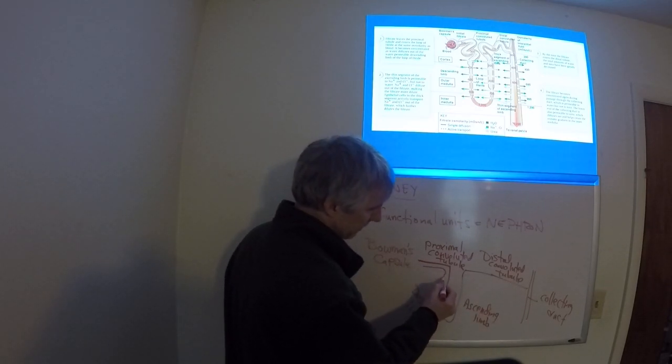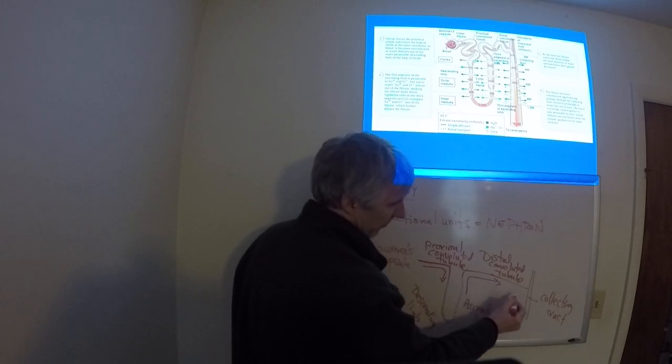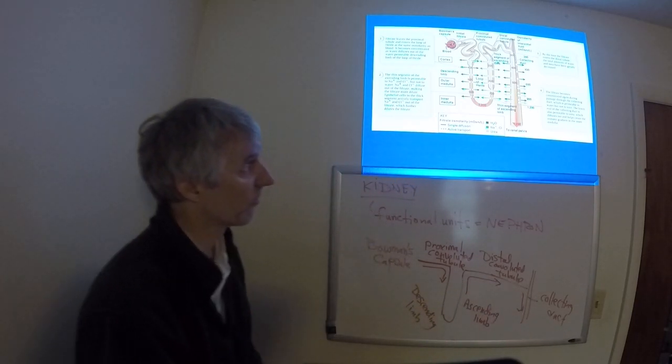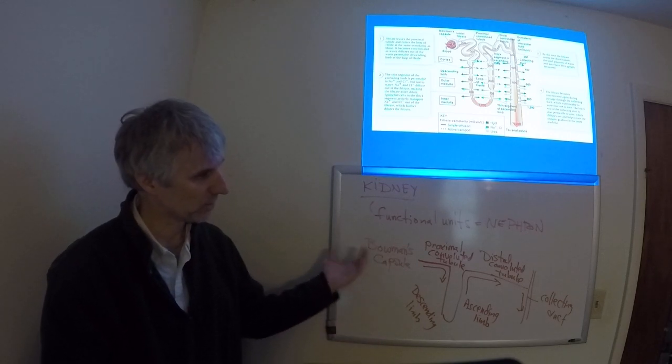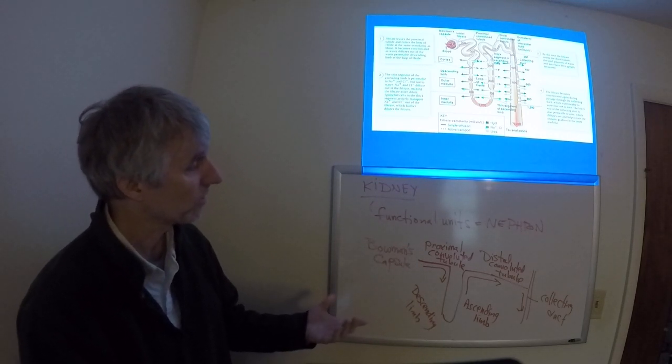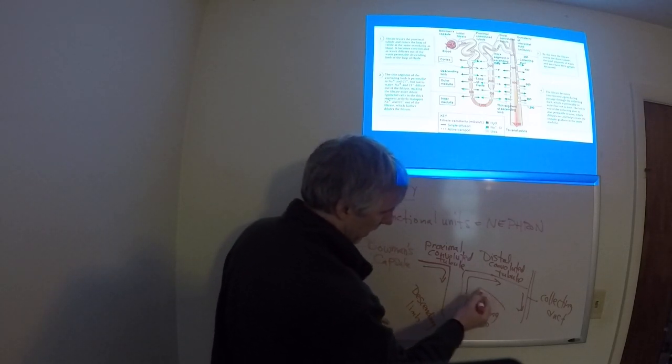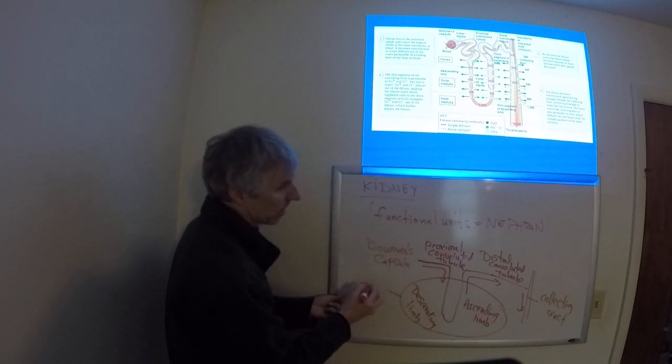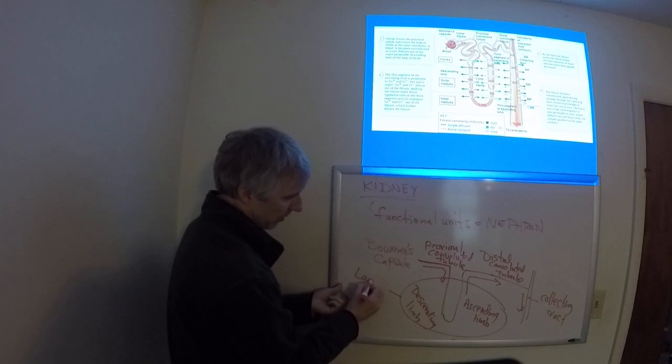So the filtrate, I think should be fairly obvious here, is moving in this direction through this nephron. And then also here, the descending limb and ascending limb together are part of what's called the loop of Henle.